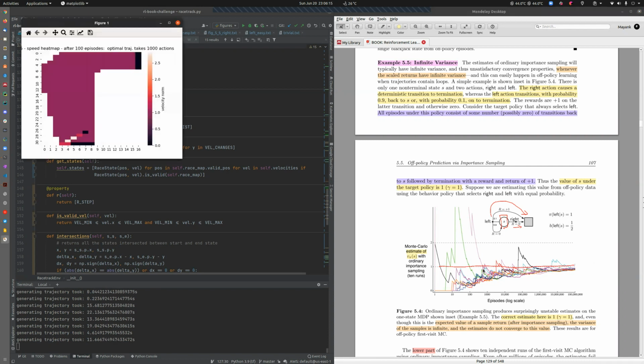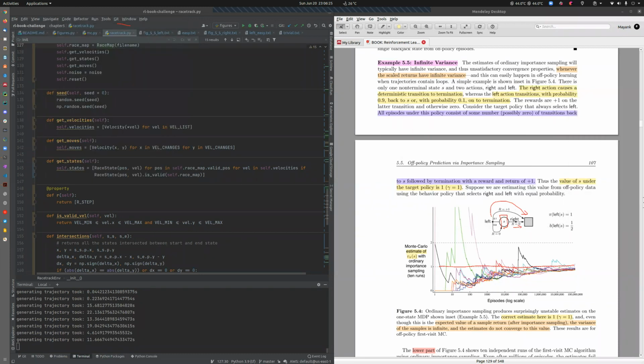Here we are trying different values. This is with respect to the convergence in the number of episodes that we want.